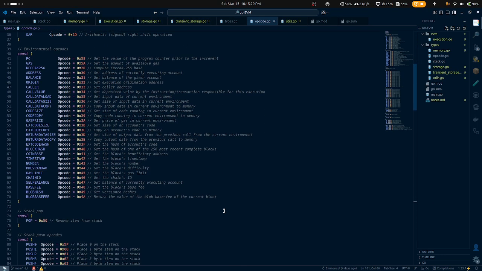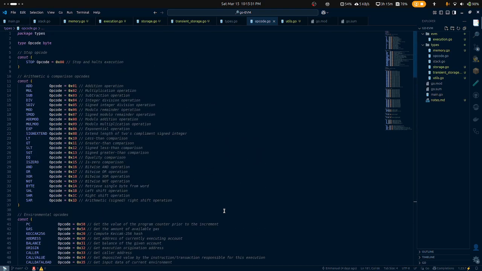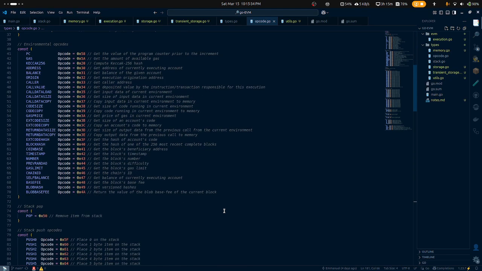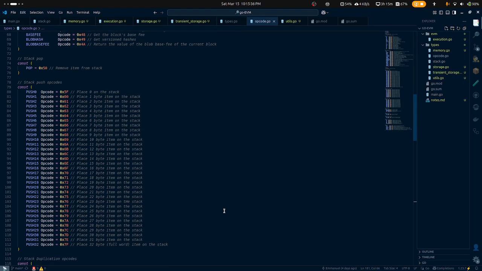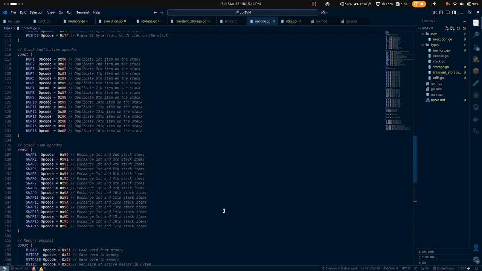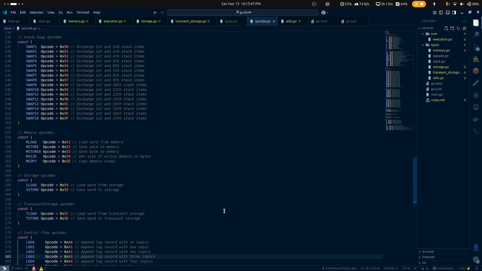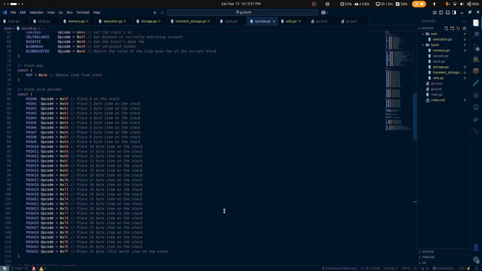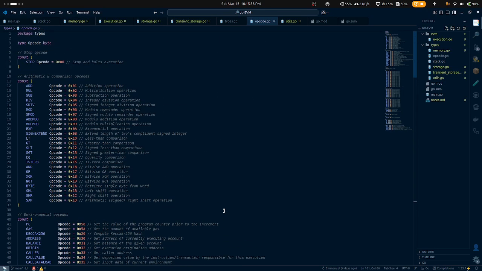As you can see here, I have this file where I placed all my opcodes that I'll be using for the program. I explained what my program does in my last video, so you can do well to check that out. For today's session, I'll quickly be talking about the EVM, what it is and what it does. So let's dive right in.